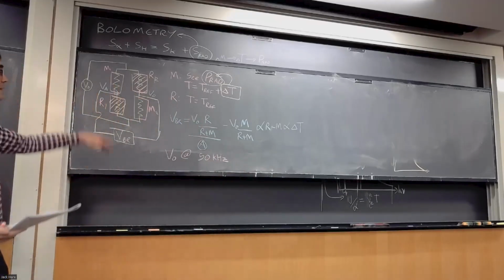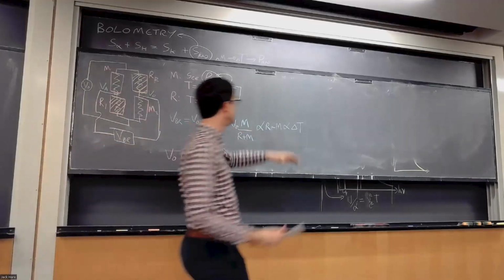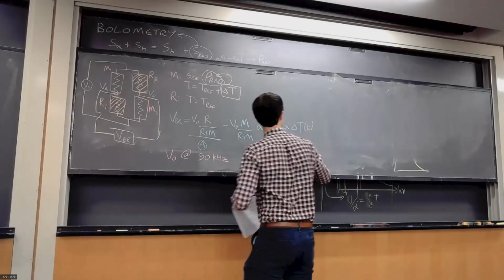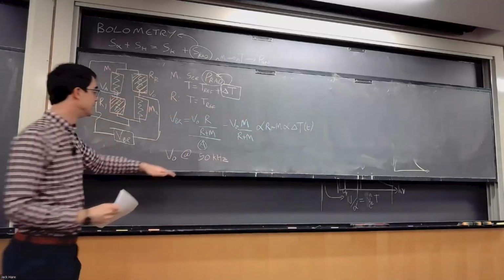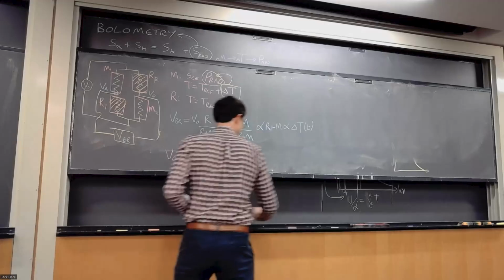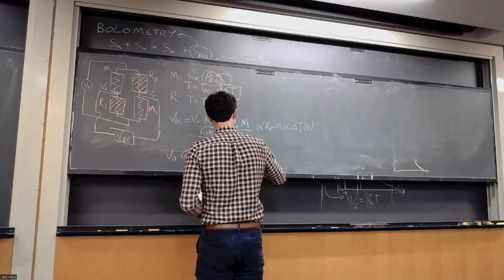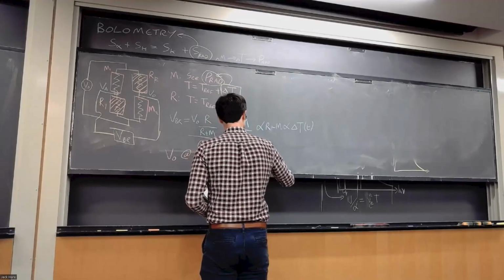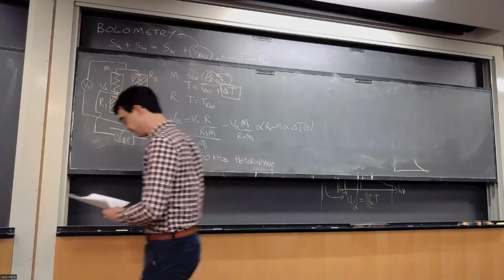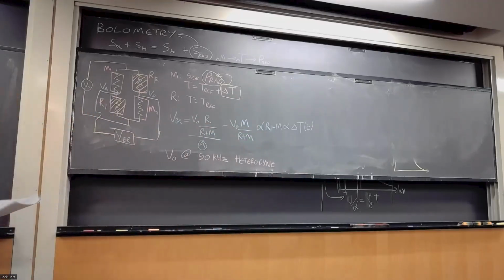And so we can see that our signal, delta T, the change in temperature as a function of time, is a slowly varying signal which is embedded on top of this 50 kilohertz, and then using heterodyning techniques, we can measure it very cleanly without noise. This may be an experimental technique you're familiar with. Okay.